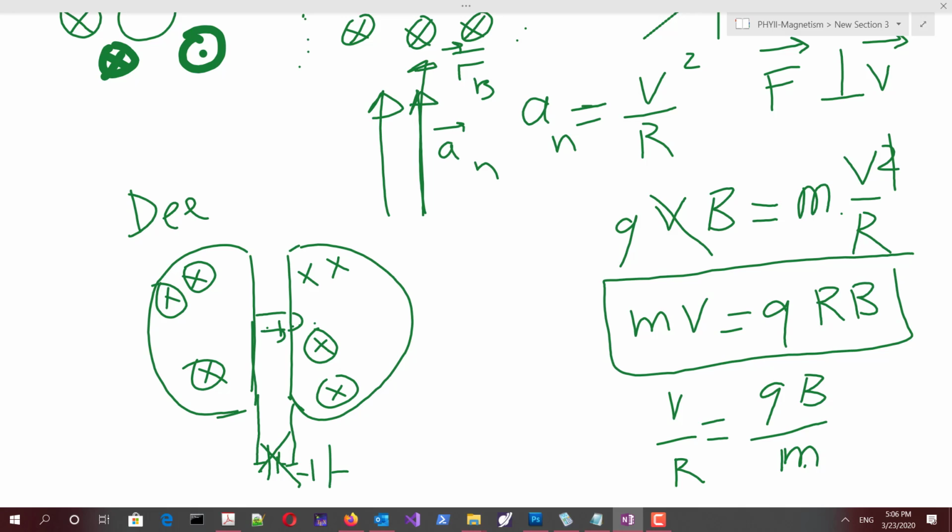It came with an initial velocity; it was initially at rest, then it gained some velocity. So when it comes out, it comes out with that velocity, and now it's going to gain more velocity because of conservation of energy: 1/2 m v squared final minus 1/2 m v squared initial is equal to q, the charge, times the voltage, whatever voltage you put in between them.